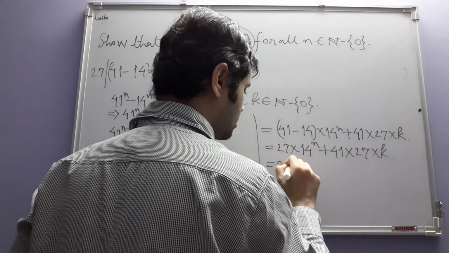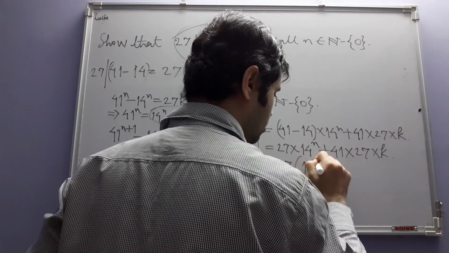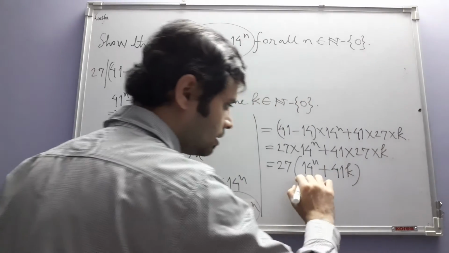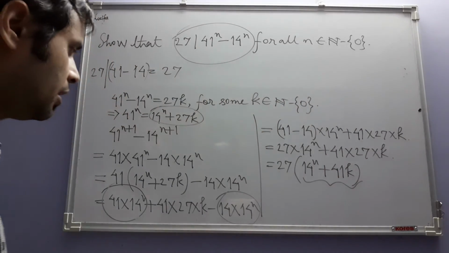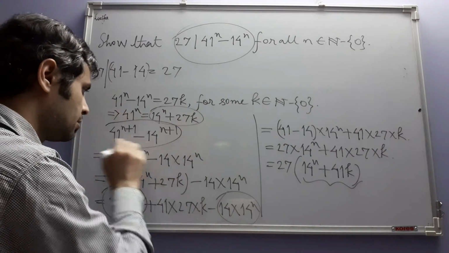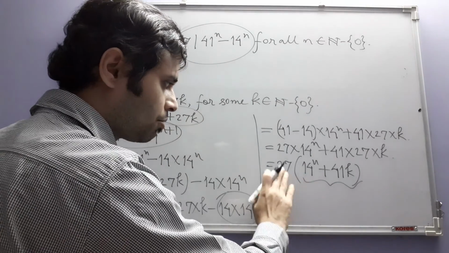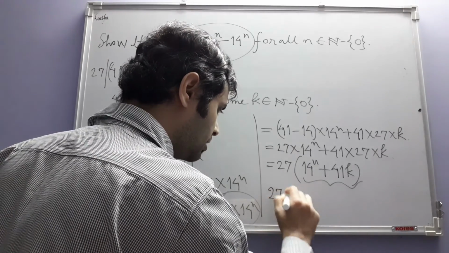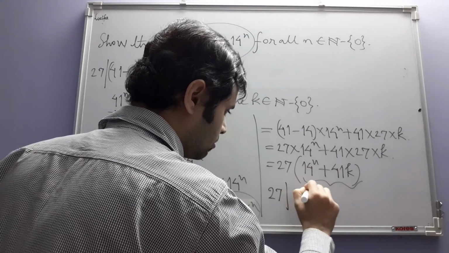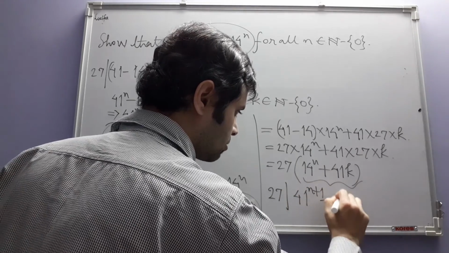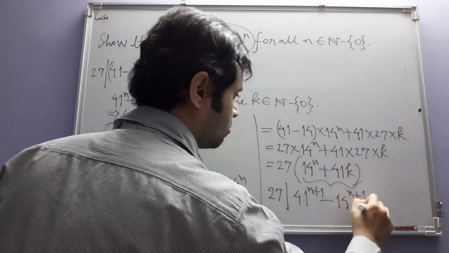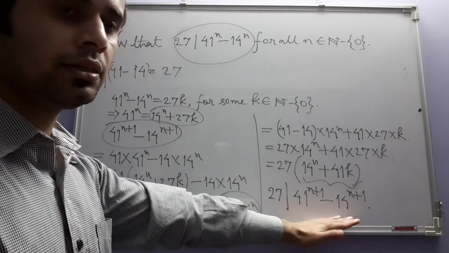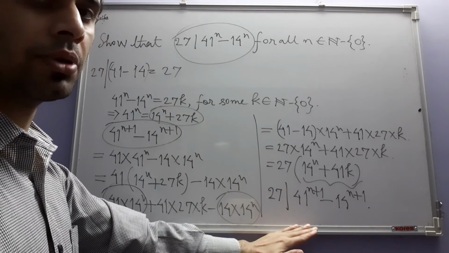Now we can take 27 common out and we are left with this. Now this is a positive integer, so we have expressed this difference as a positive integer multiple of 27. This simply means that 27 divides this difference also. So this is our induction step. It's complete and the induction proof is complete.